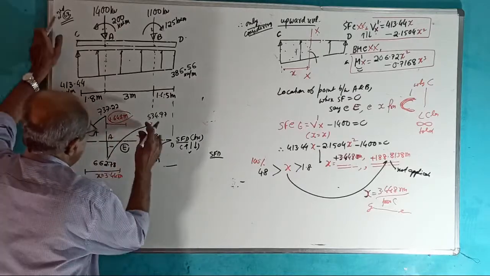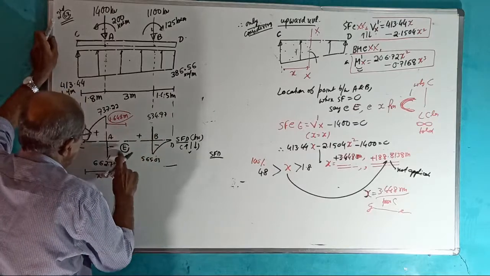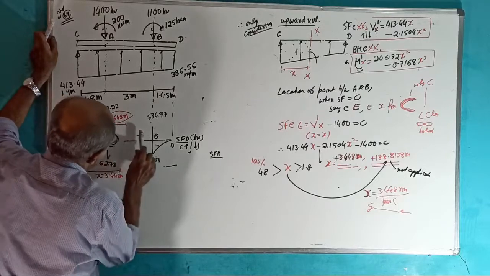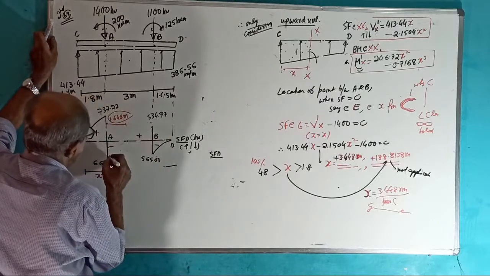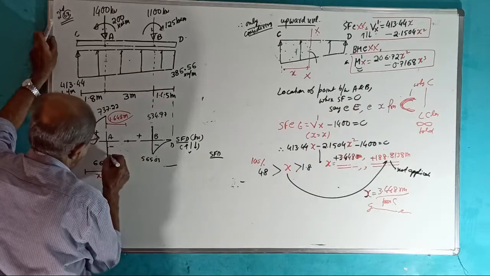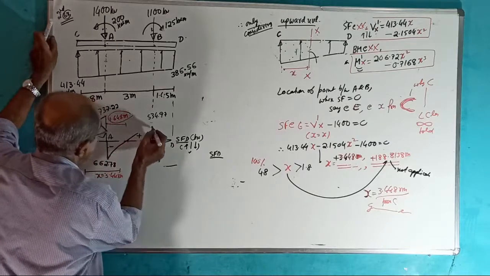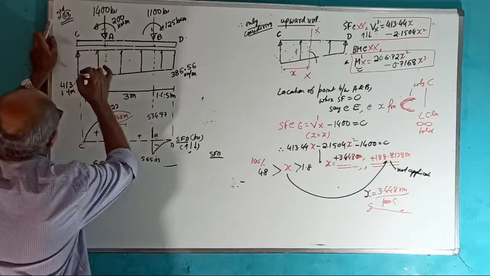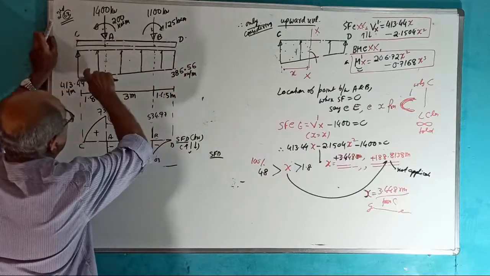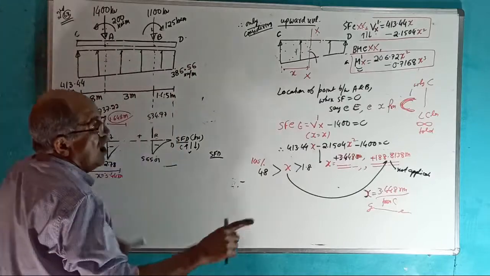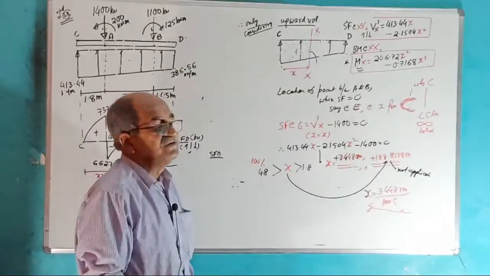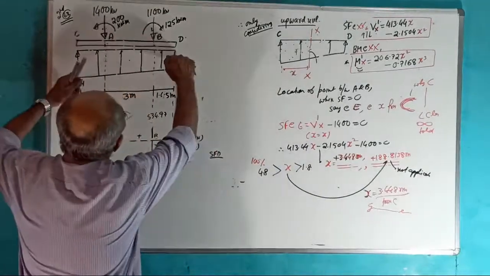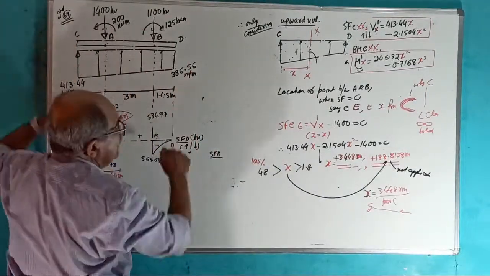One minute, I will adjust now, I won't change the curve shape. Frankly, the difference between 413 and 386 is very small. It is almost like a UDL. Tell yes or no. From here to here, 413 to 386, if I slightly decrease here and here, it will become UDL.